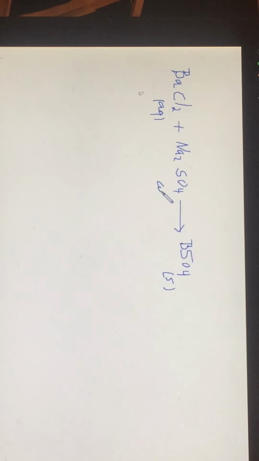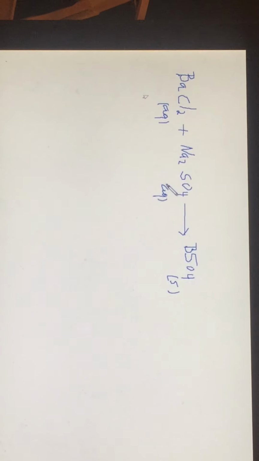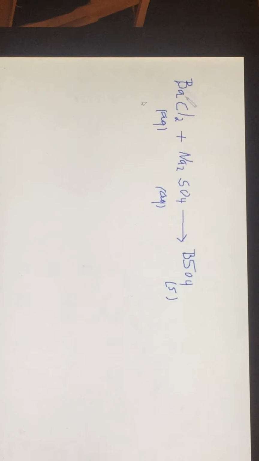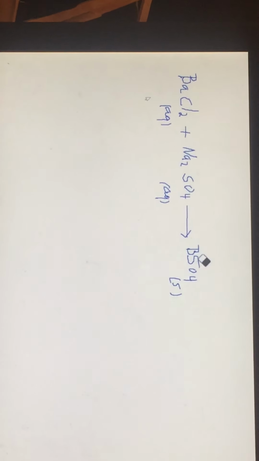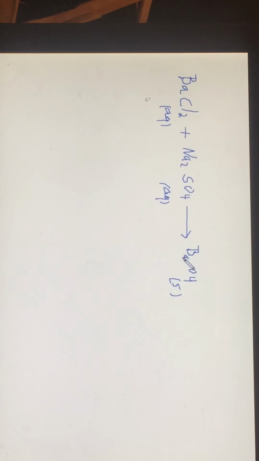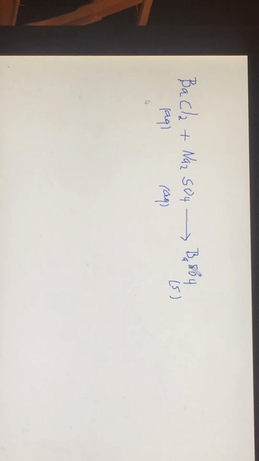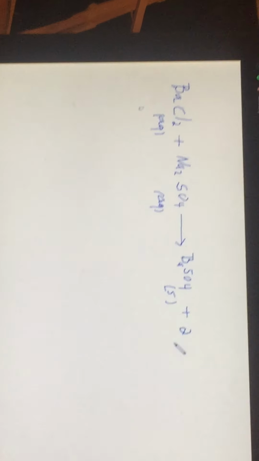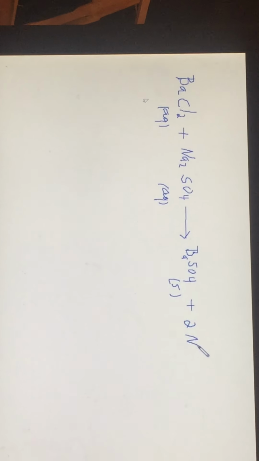So this is aqueous. If there's a reaction, there would be something that was not there. So I've just miswritten the barium. So it's barium sulfate plus the remaining sodium chloride.